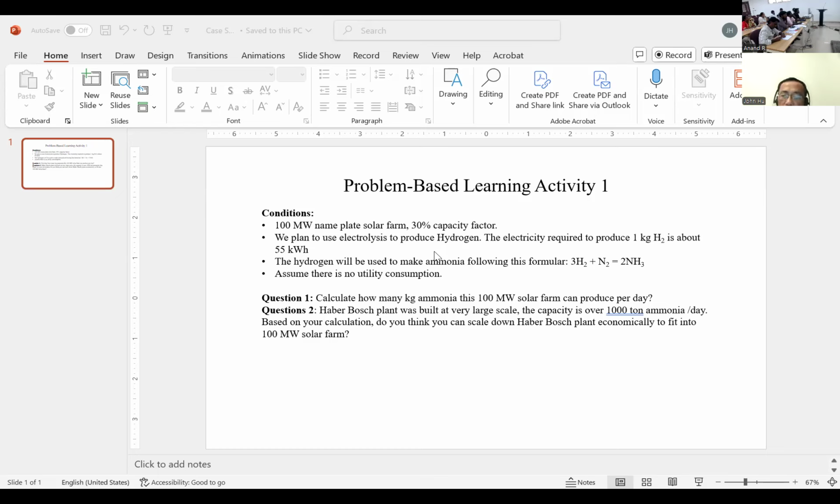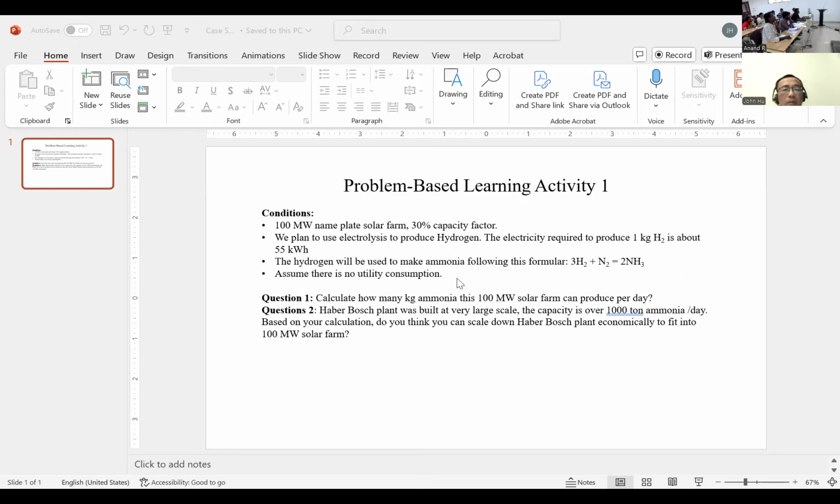The third bullet is the hydrogen. Once you have hydrogen, you want to make ammonia, right? So you have to use the stoichiometric equation to make ammonia. I'm pretty sure you do not need college knowledge. You simply do an energy balance and a mass balance, and you will come up with the answer. So assume there's no utility consumption.